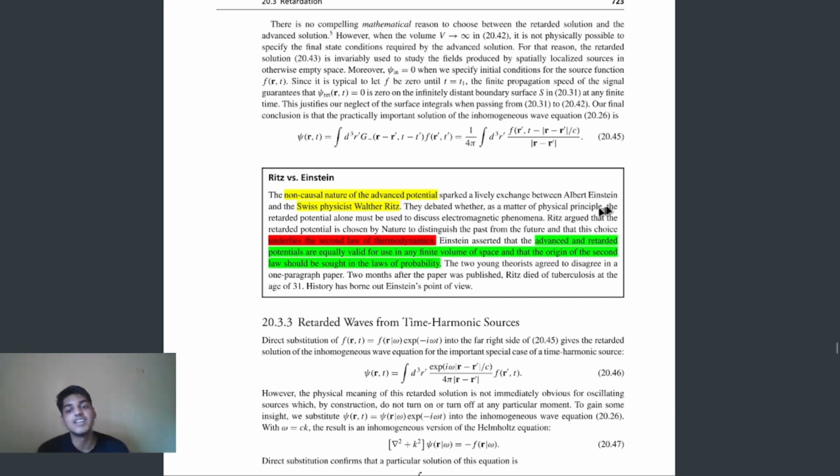Ritz argued that the retarded potential is chosen by nature to distinguish the past from the future. This choice underlies the second law of thermodynamics, which I also don't believe, because cells consume and we live, and it's not possible. Einstein asserted that the advanced and retarded potentials are equally valid for use in an infinite volume of space, and that the origin of the second law should be sought in the laws of probability. Ritz died of tuberculosis at the age of 31.